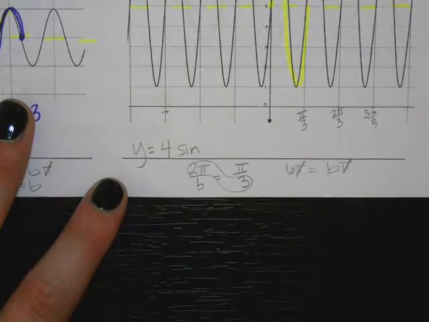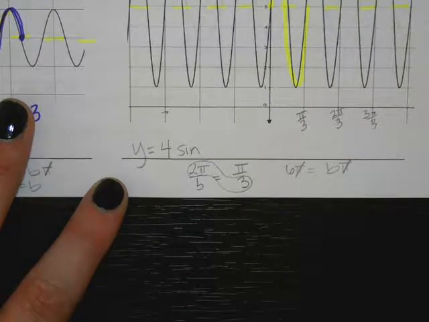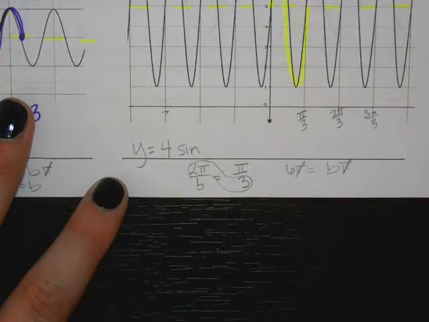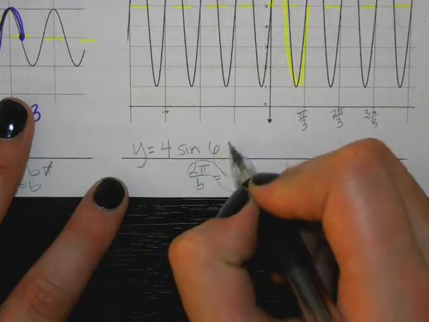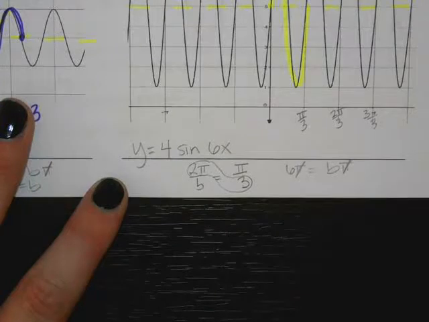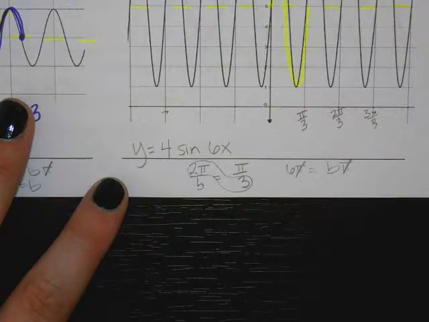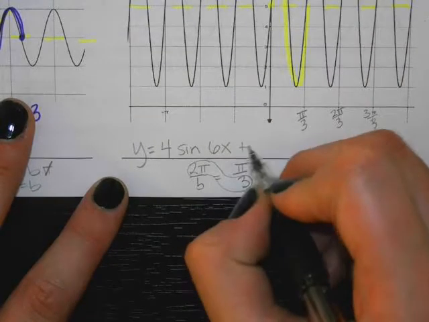No, because if you split a pi third, I got pi 6. Oh, sure. Okay. So it's kind of like you divided each side by 2. Yeah. That works too. Okay. So we have 6x. And what's the midline? 5. So plus 5 on the end.